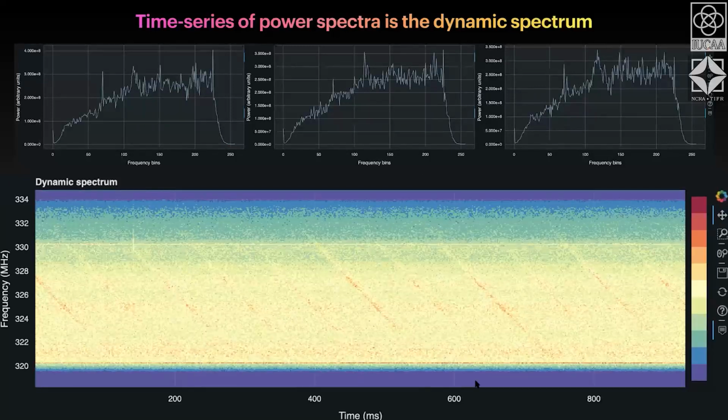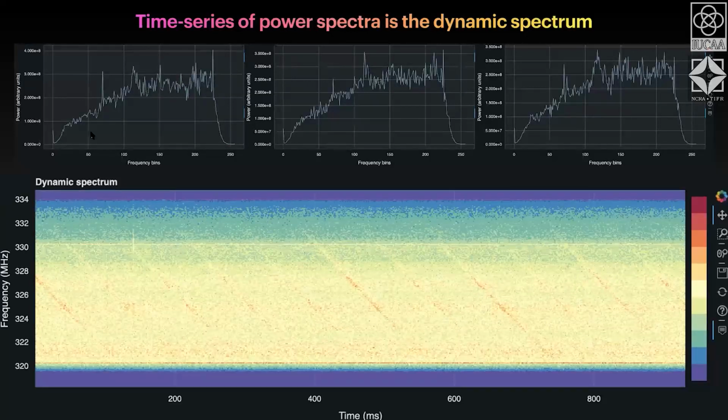One axis now is time. Each frequency bin over here will be very tiny. This is one spectrum going from 0 to 16 megahertz bandwidth originally, but here only the axis has been changed so that it reflects the observational frequency, which is centered at 326.5 megahertz.